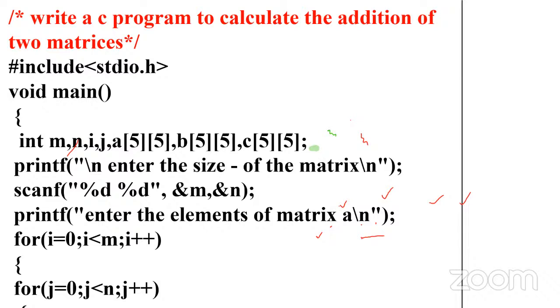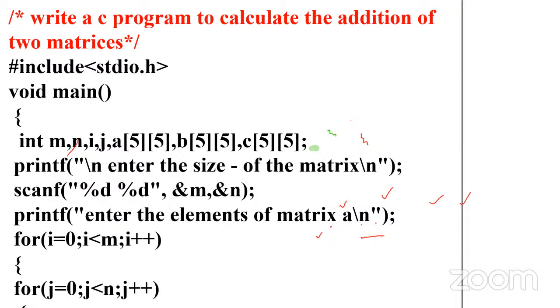Yes, hello. Now see, I will explain the program. What is this one? Sum of the matrices. What is the size of A? This is A of 5, 5. This is our A matrix, and this is the B matrix.